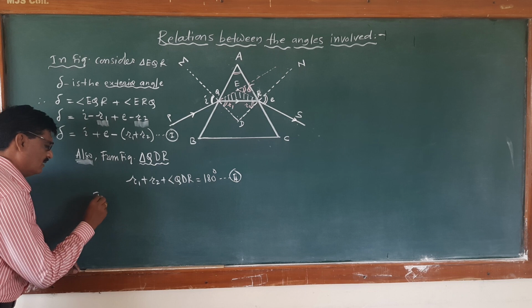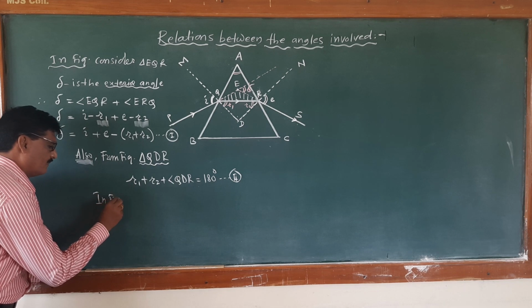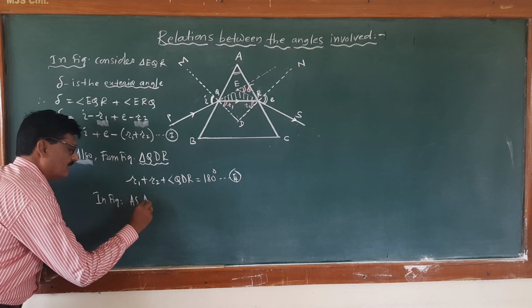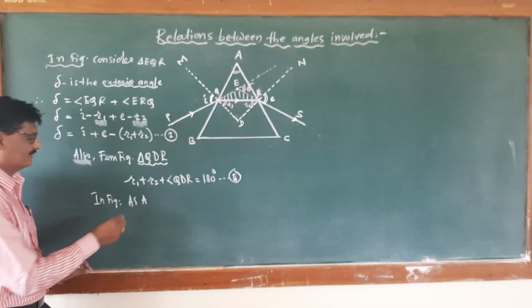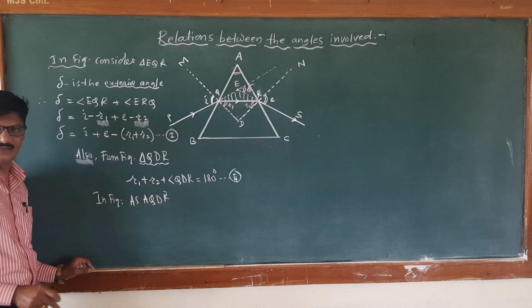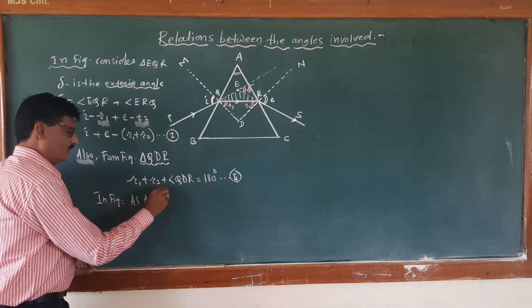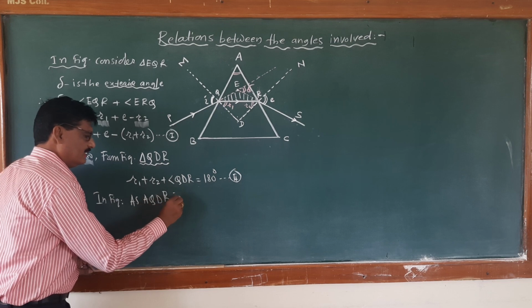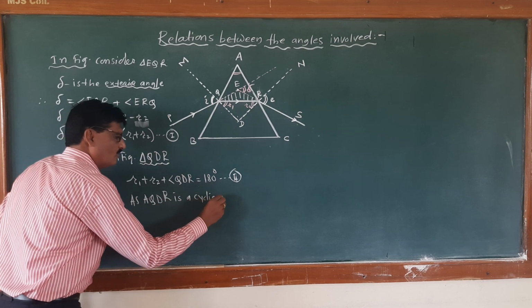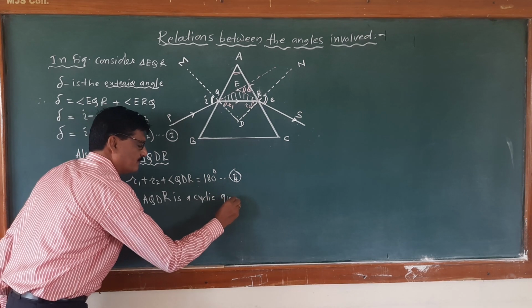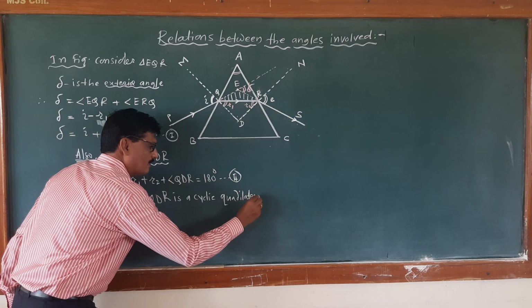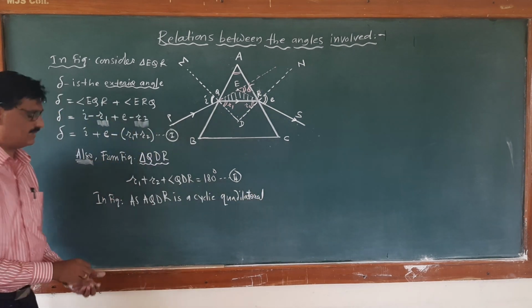As in the figure, AQDR is a cyclic quadrilateral.